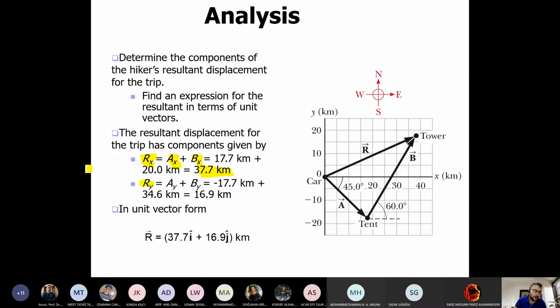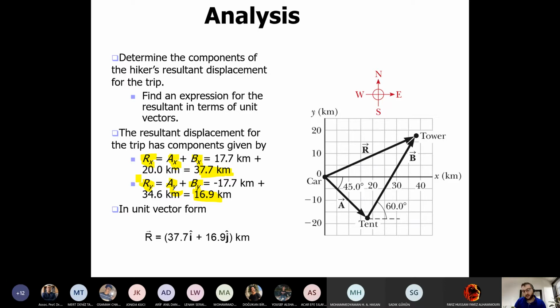Then you must calculate the y component of R, the resultant displacement. So Ay plus By gives you what? Minus 17.7 kilometers plus 34.6 kilometers is equal to 16.9 kilometers.